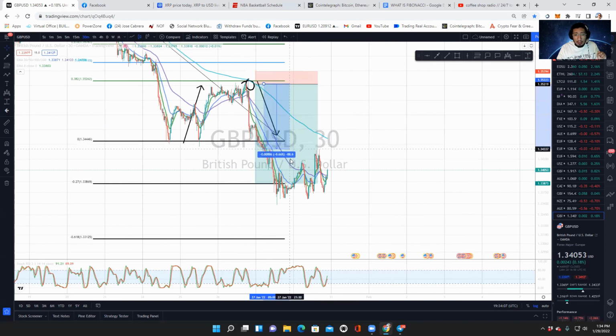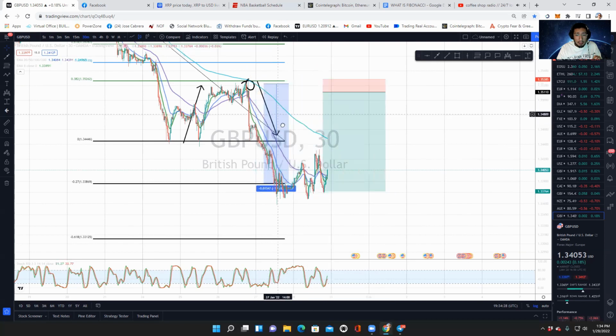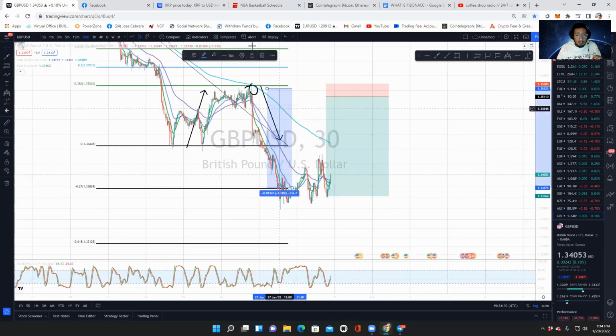If you would have wanted to take it all the way down, that would have been about 100 plus pips. All right. So again, these Fibonacci levels, you can use them as targets, right? If you want to have a trade that you're going to put in, you can definitely use those as targets.